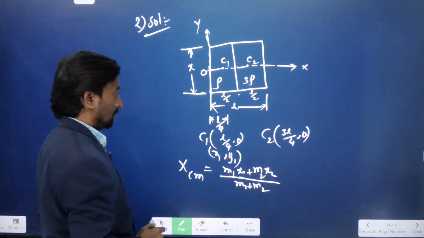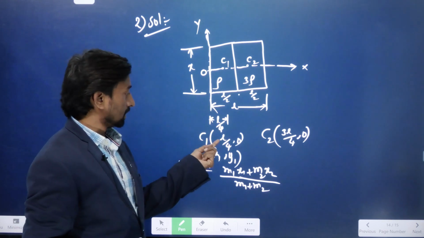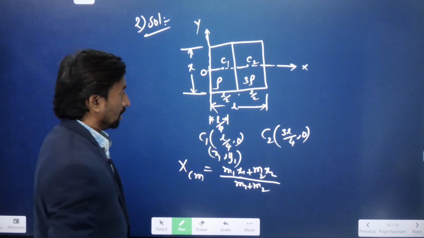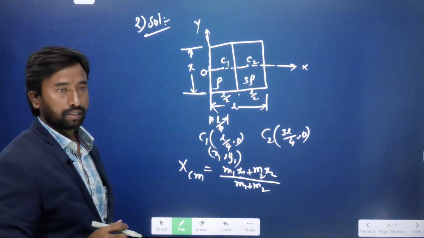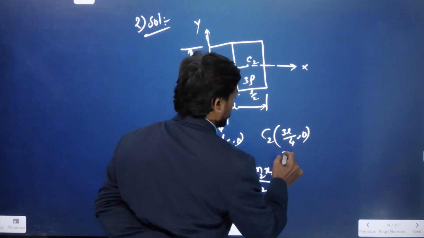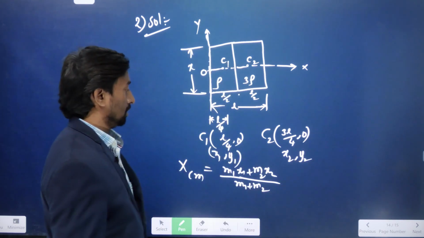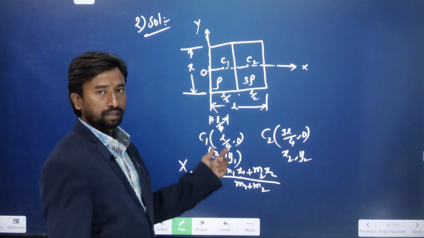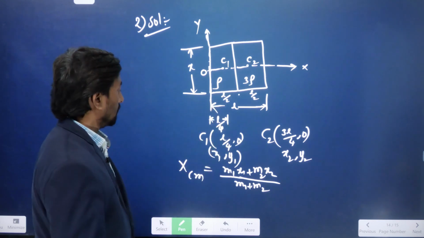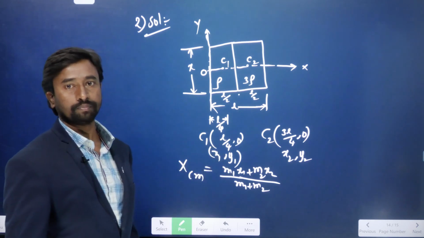The coordinates of the center of mass of the first plate are L by 4 comma 0, and the coordinates of C2, the center of mass of the second plate, are x2 comma y2. Now if we get the mass of the first plate and the mass of the second plate, and we have the distances C1 and C2, then if you substitute, we will get the answer.